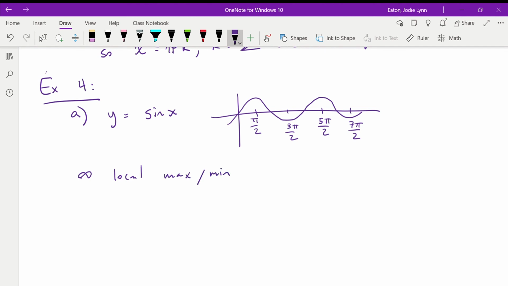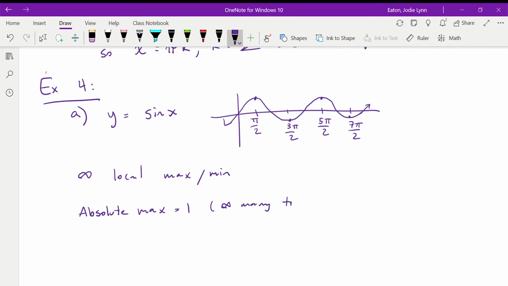So this is going to continue doing this, and even in this short bit that we've drawn, we have 2 maxima and 2 minima, and it's going to keep happening. So there are infinite local maxima and minima depending on how far we can keep drawing out the function. So the absolute maximum value of this function is 1, and there are infinitely many times it hits that absolute maximum.